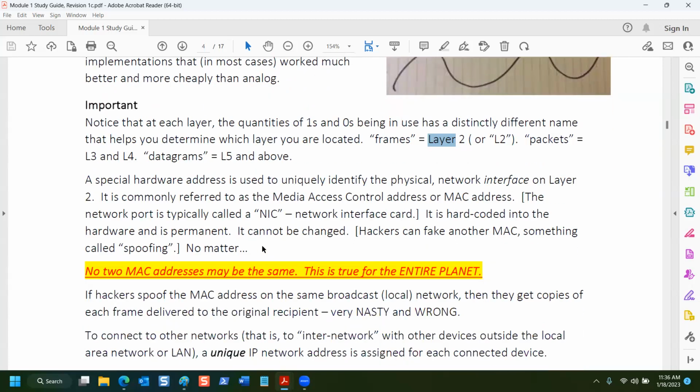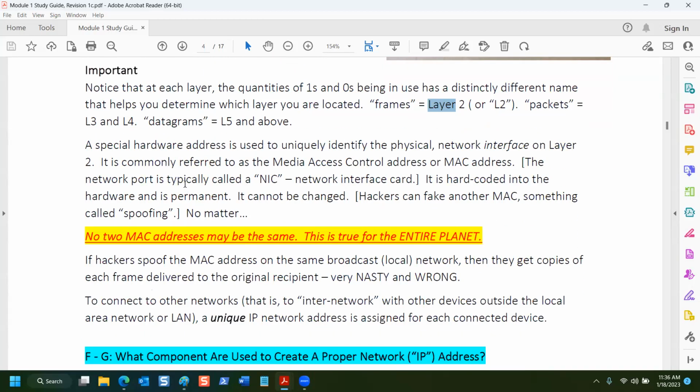Now, there is a special address that is permanent on each networked device. Whenever the device or system connects to a physical network, there is an interface of one type or another. In some cases, it's a wired connection.